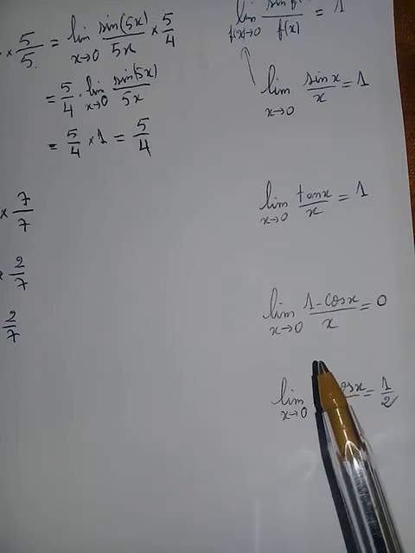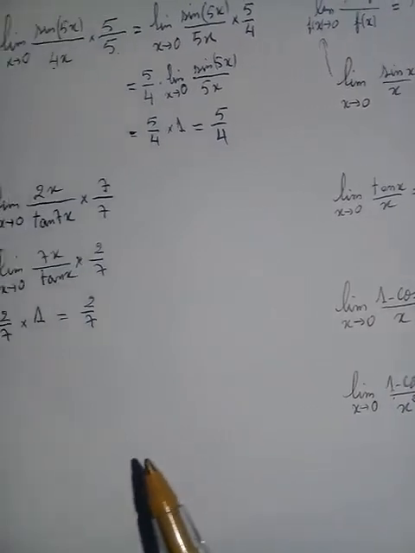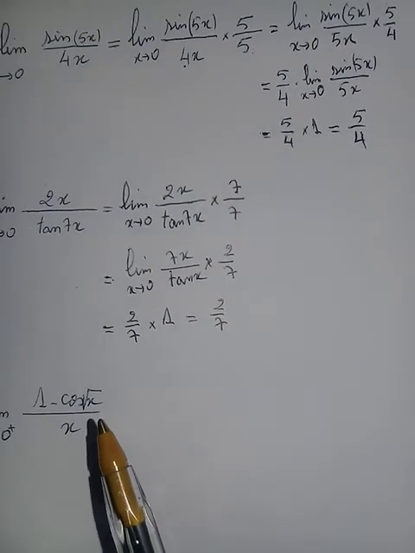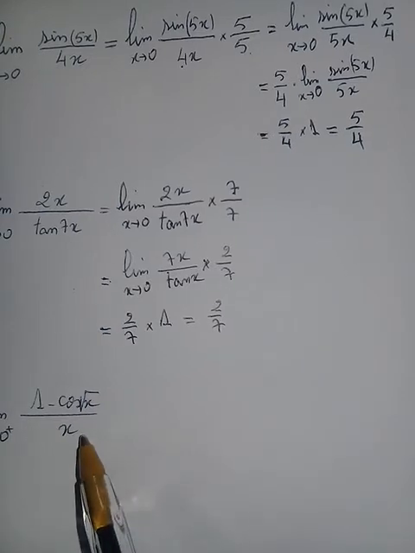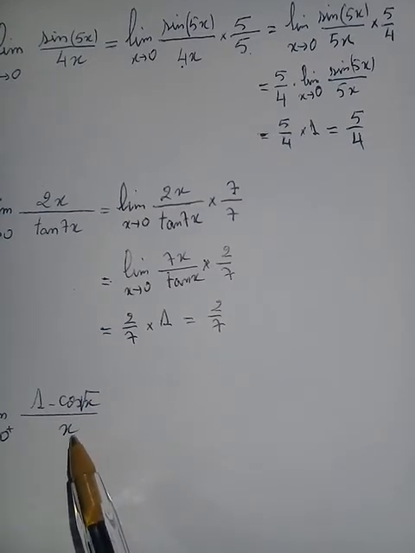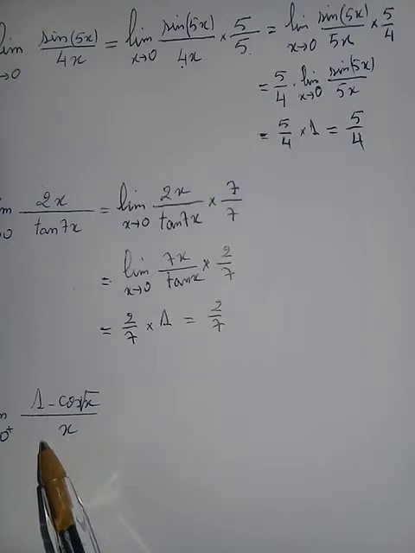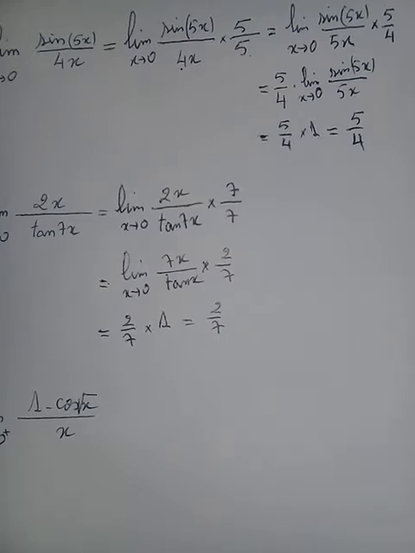If you look deeply here, you can see that if we put y equals the square root of x, then x would be y squared and the square root of x would be y.